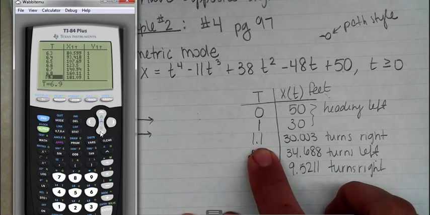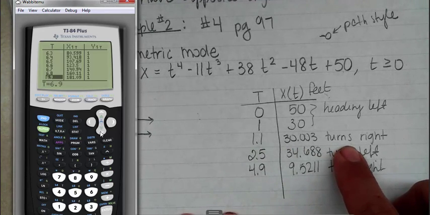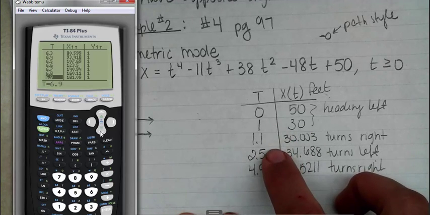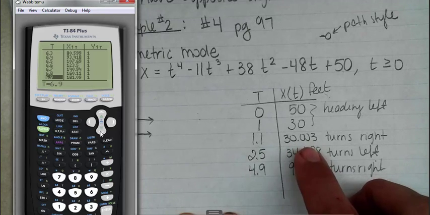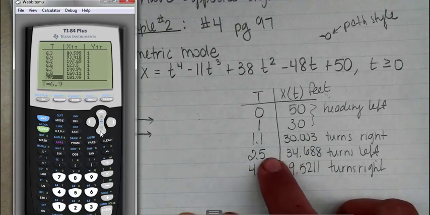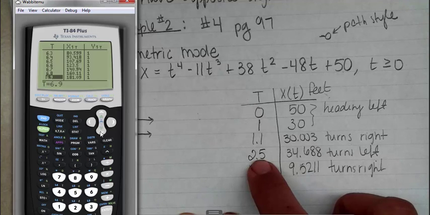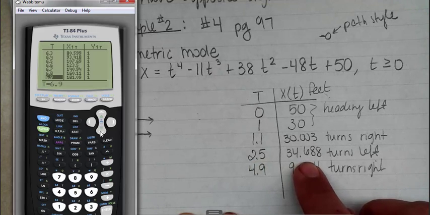We can conclude that it probably turned right. So somewhere between 1 and 1.1 seconds, it turns right, because now we see that it's getting further and further away from the y-axis until about 2.5 seconds, where it ends up turning left again.